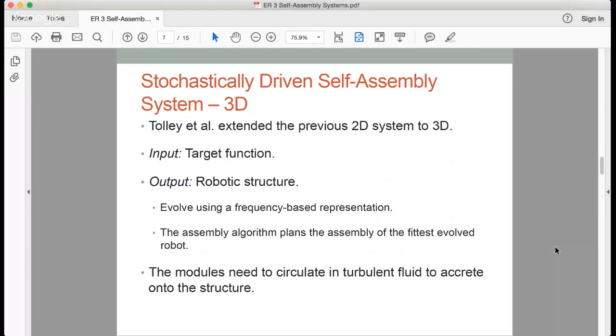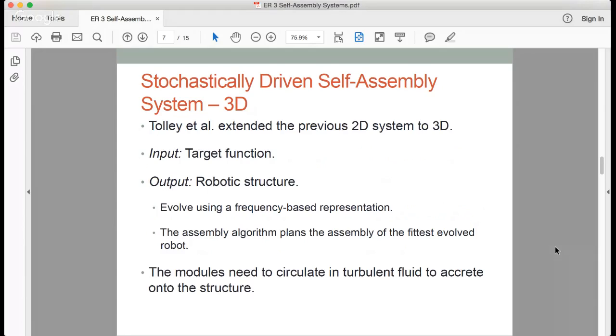The assembly algorithm takes place to plan the assembly of the fittest evolved robot by sampling a graph of all possible paths to the target structure and following those that leave the most options open. The input for this algorithm is a target function, and the output is a robotic structure.